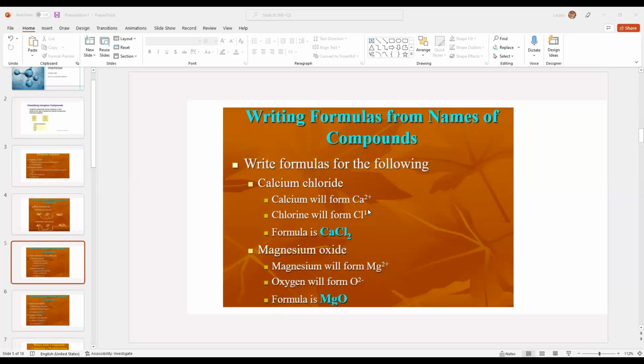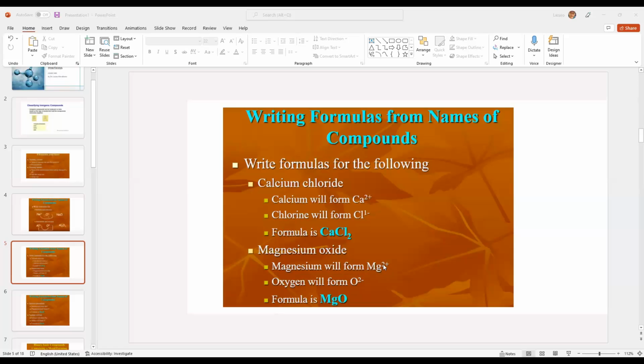Then 2 negative and 2 positive cancel out and the compound is neutral. In order to have 2 chlorides, you put a subscript 2 here to indicate that you have 2 chlorides.